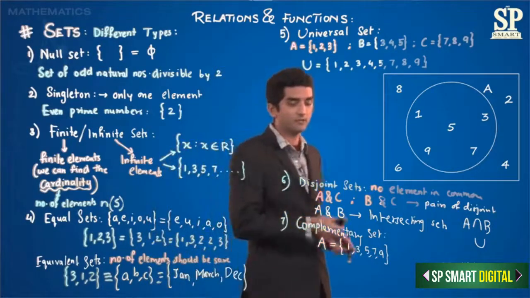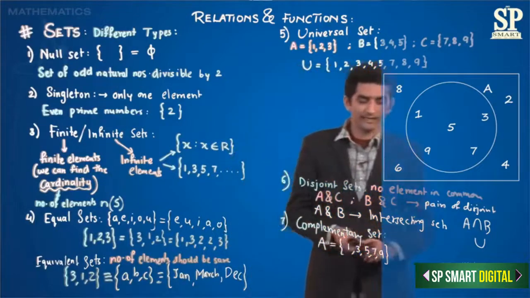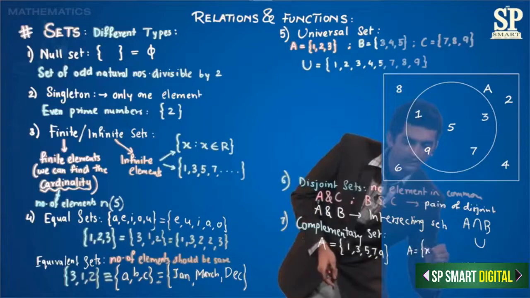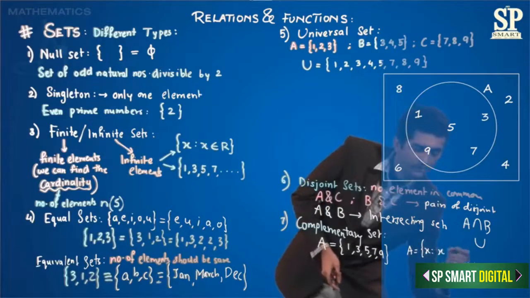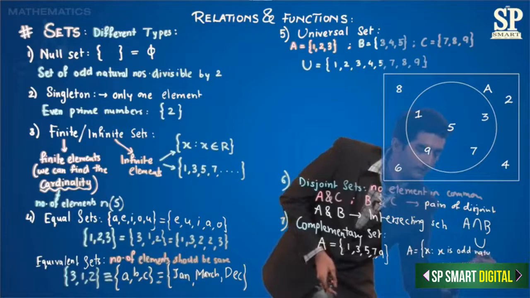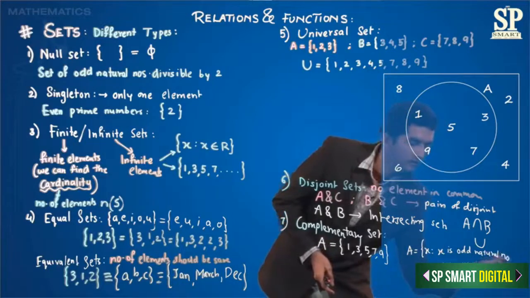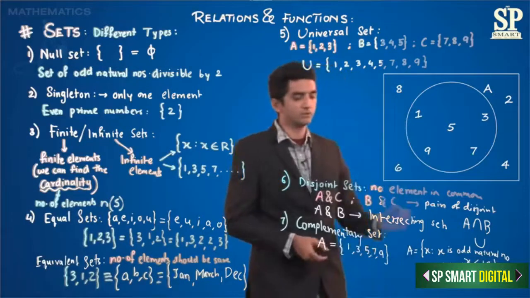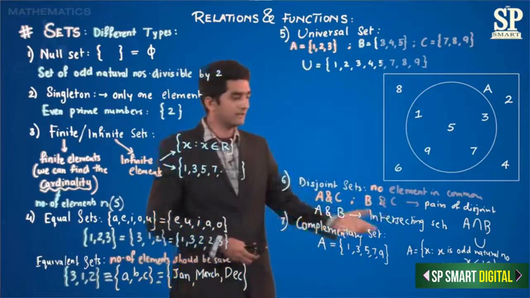I can write it in the set builder form as well. I can write A is equal to {x : x is an odd natural number and x is less than 10}, right? So this is how I can write it in the set builder form.